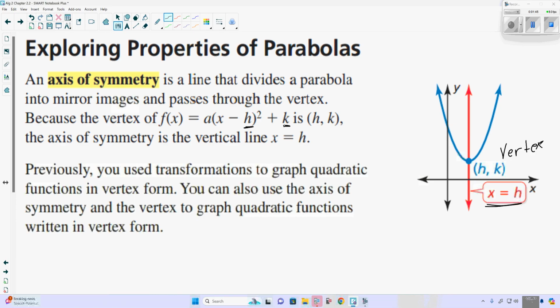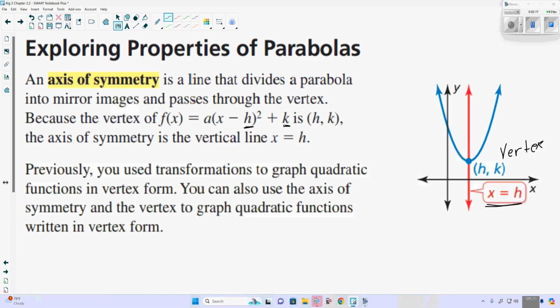Vertex form equals a times x. So the reason we call this vertex form is because the h, k values are the two parts of the vertex.